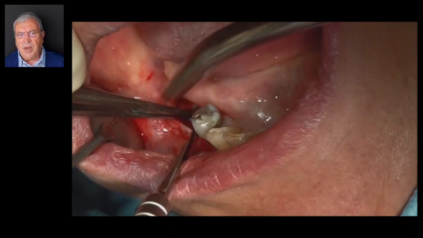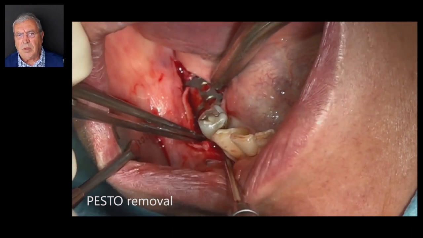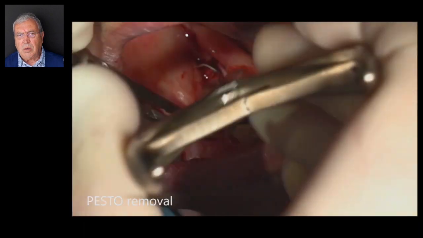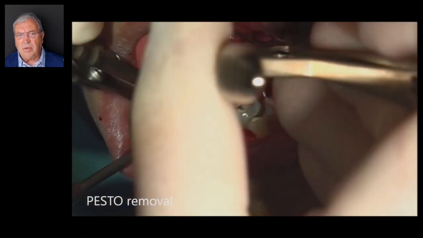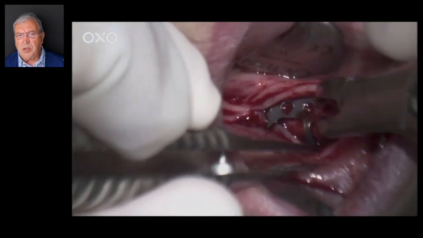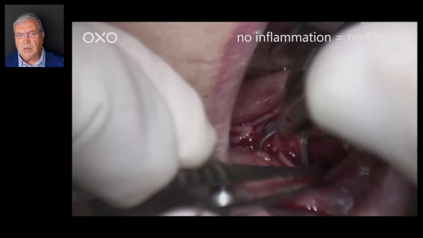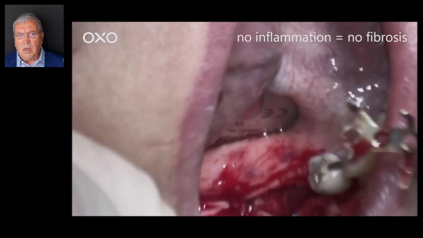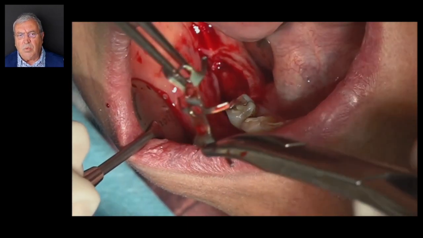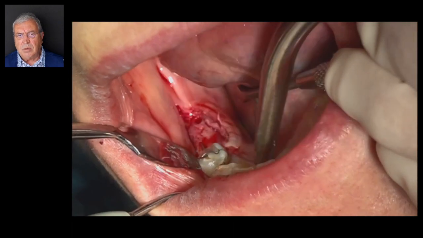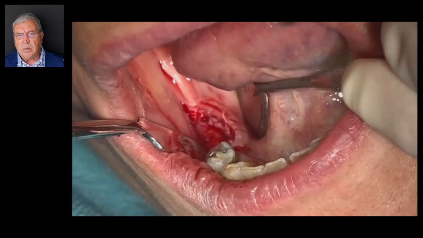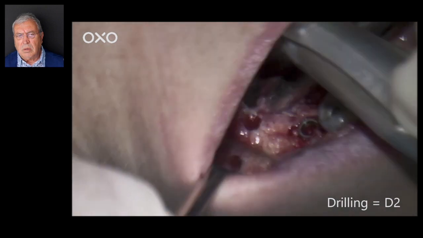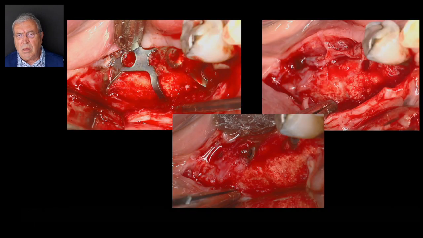Then it's very easy to remove. It's not adhesive. There is no inflammation, no fibrosis. And then we go to place the implants. Reopening without the mesh and then the implants.